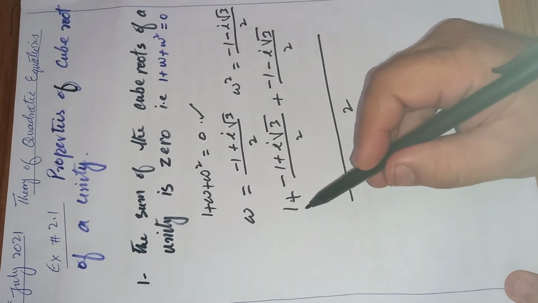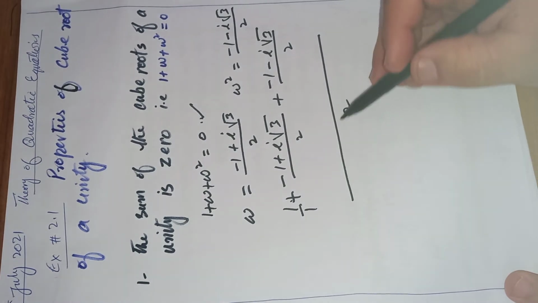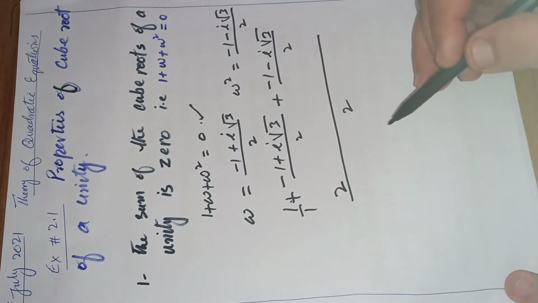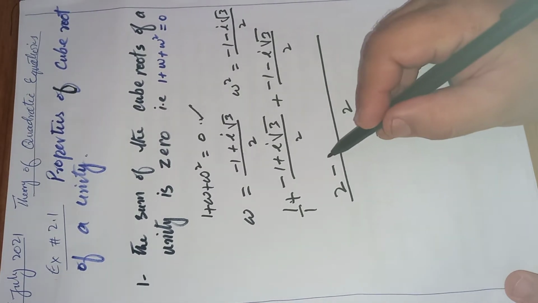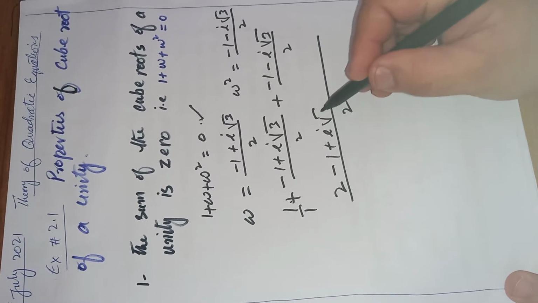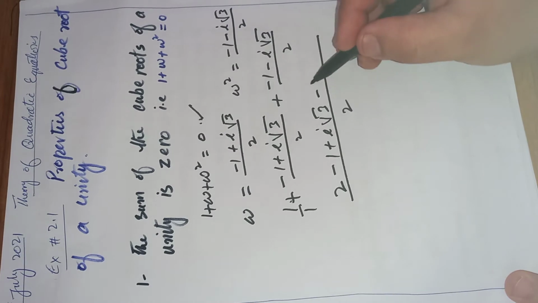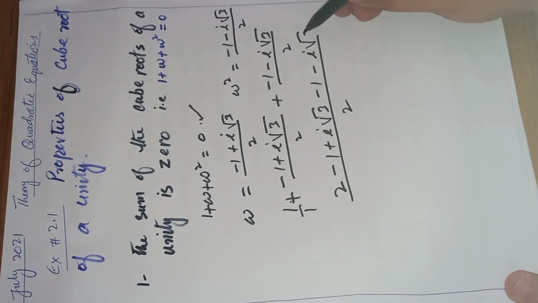For the 1, there is nothing, so 1 times 2 is 2. So 2 will come here. The denominator is the same, so as it is, we will write these two numerators: -1 + i√3 and -1 - i√3.